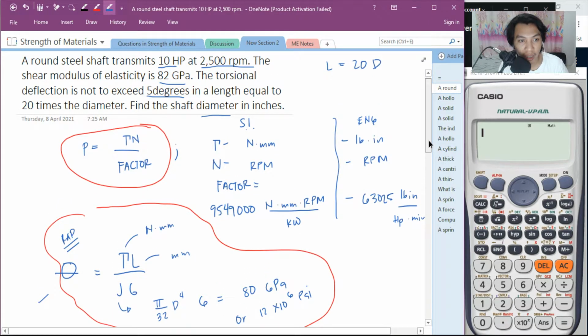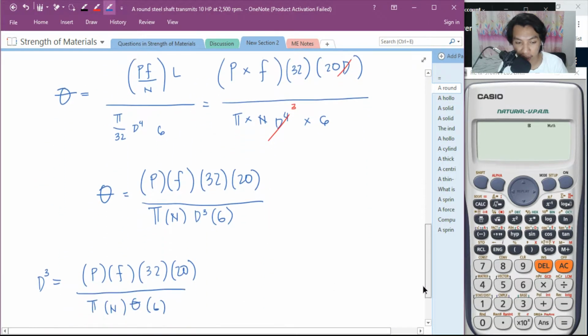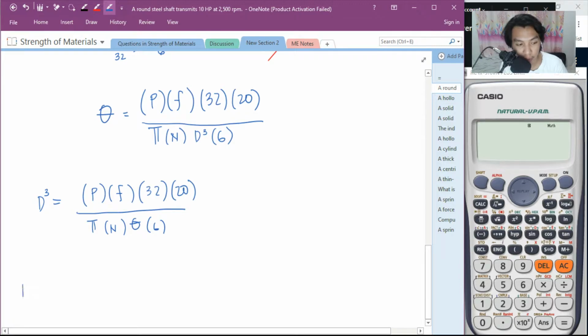Okay? Nakalagay dyan 5 degrees. Dapat naka-radian yan. Okay? Pasok na natin yung mga value. Wag mo muna i-cube muna to. D cube equal to. Yung power is 10 HP. Convert natin times 0.746 kilowatts per 1 HP.